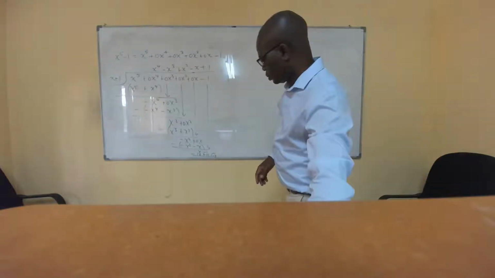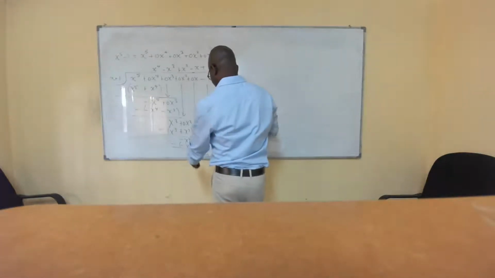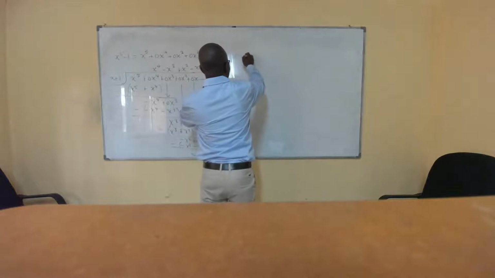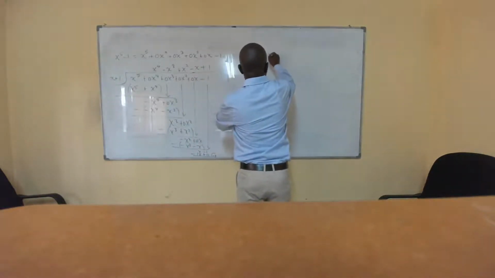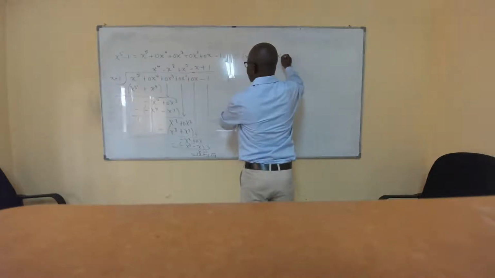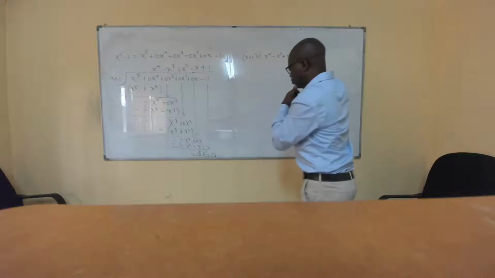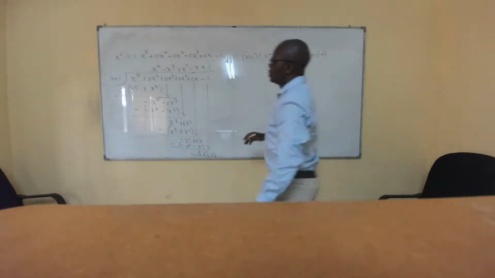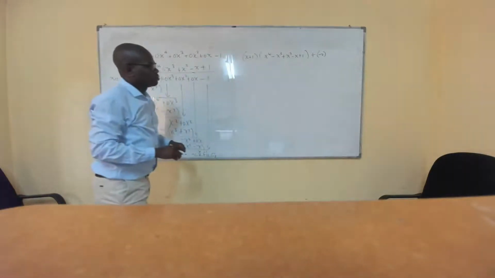So what we are saying here is that, and you can verify that, if you multiply this times that, let's check this times the quotient, x to the power 4 minus x cubed plus x squared minus x plus 1, and add our remainder minus 2, let's see if it will give us x to the power 5 minus 1.